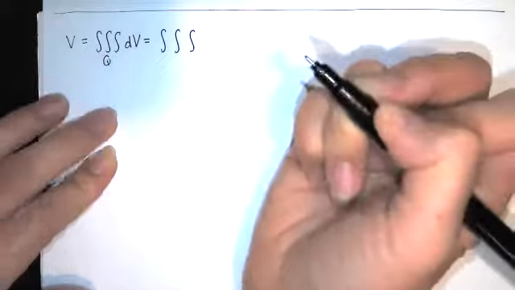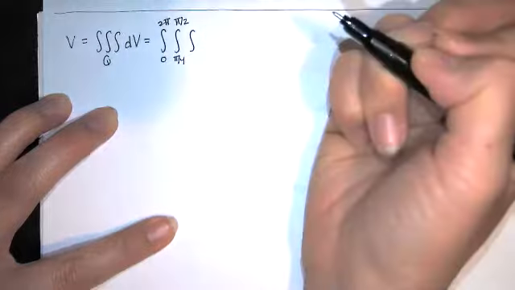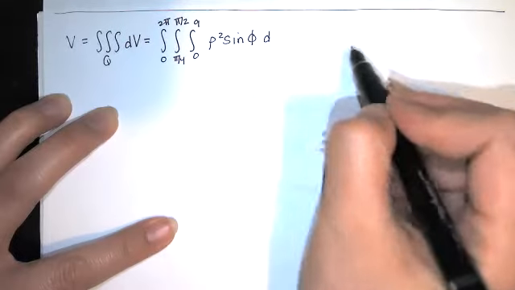So the volume of that solid is the triple integral over Q of dV. And I think I will integrate with respect to theta last. Theta goes from 0 to 2 pi. Phi goes from pi over 4 to pi over 2. And rho goes from 0 to 9. And remember, dV in spherical coordinates is rho squared sine of phi, and then we'll have a d rho, d phi, d theta.